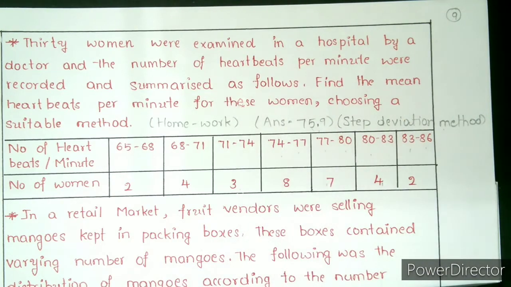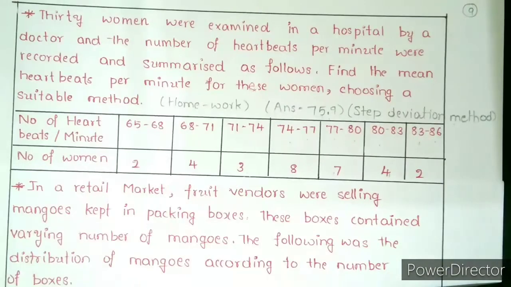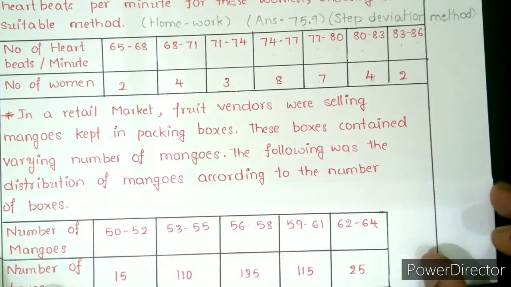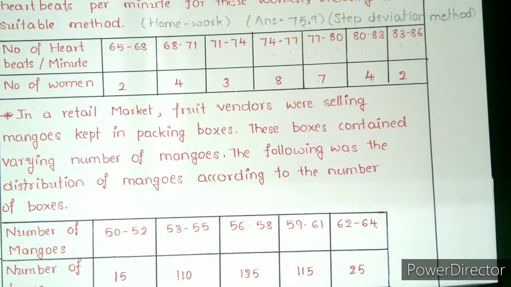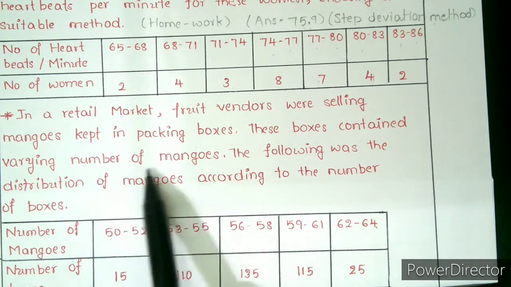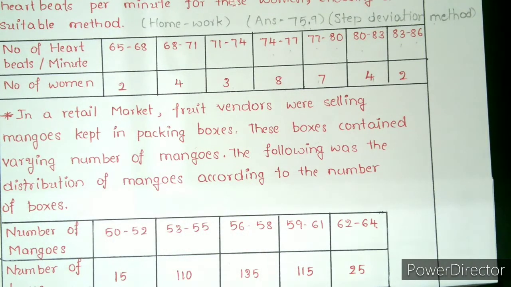Homework. Okay, next problem. In a retail market, fruit vendors were selling mangoes kept in packing boxes. These boxes contained varying numbers of mangoes. The following was the distribution of mangoes according to the number of boxes.